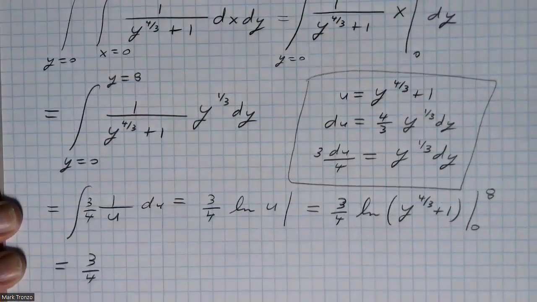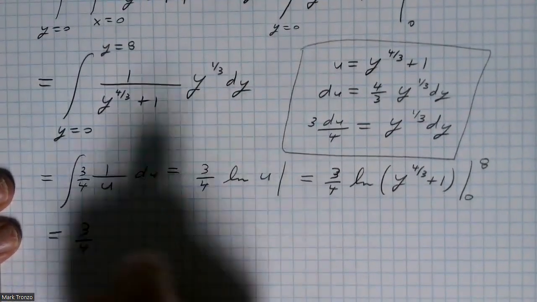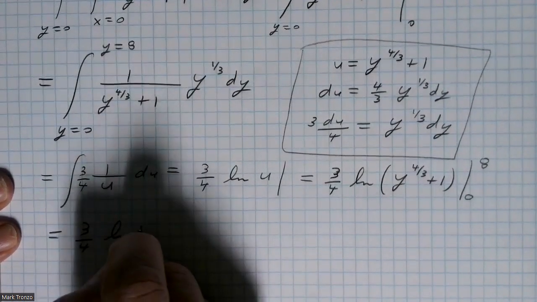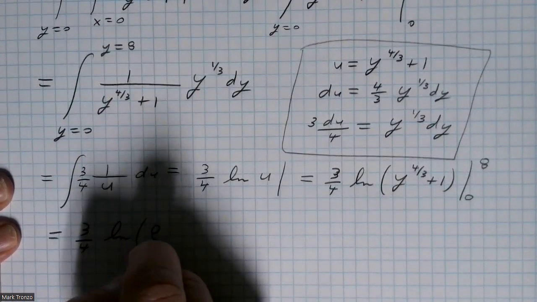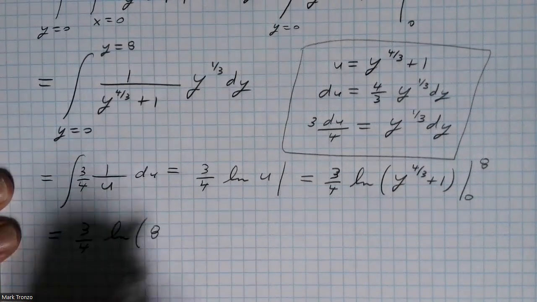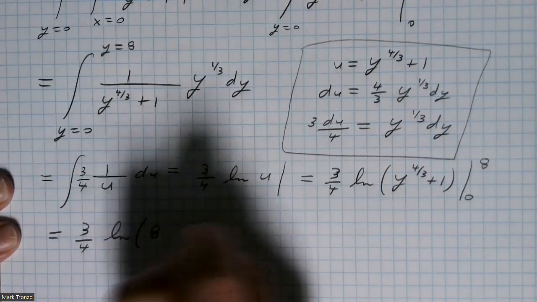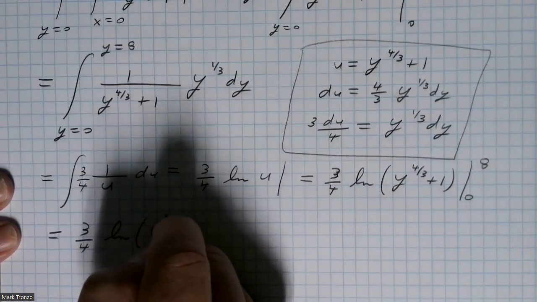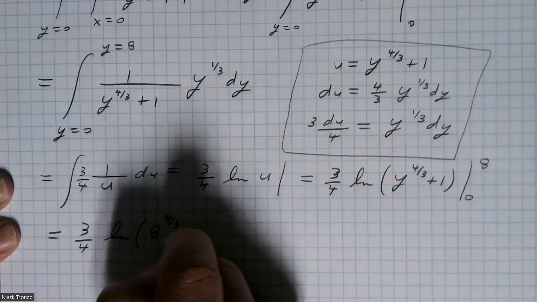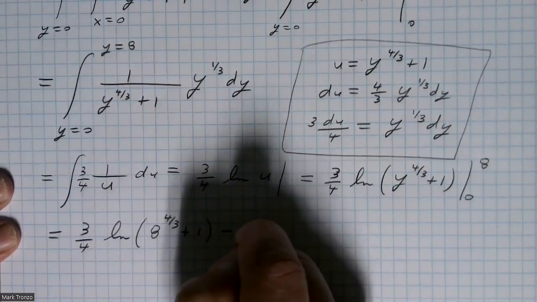And so we have, excuse me, 3/4 log of 8 to the 4/3 plus 1 minus the lower bound.